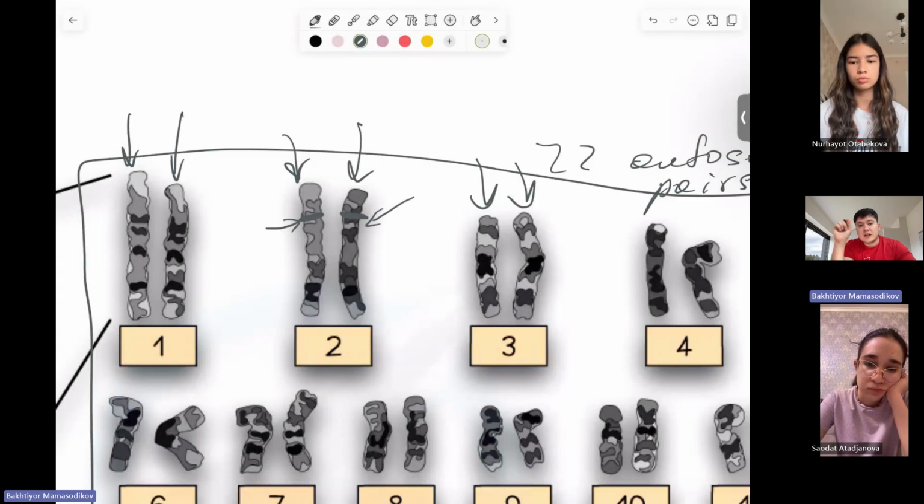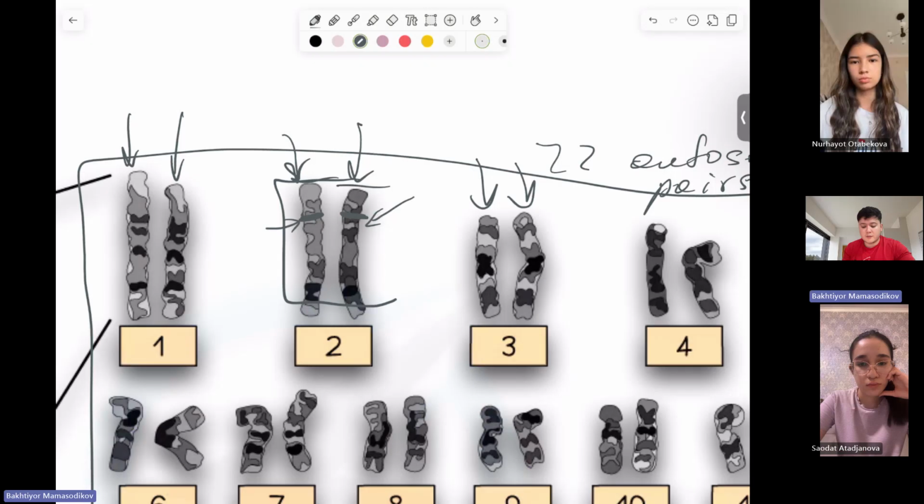So they contain the same genes, but their versions are different. They are called homologous pairs: same in length, shape, genes and location, but different in gene versions.